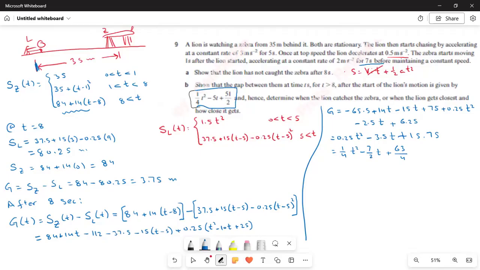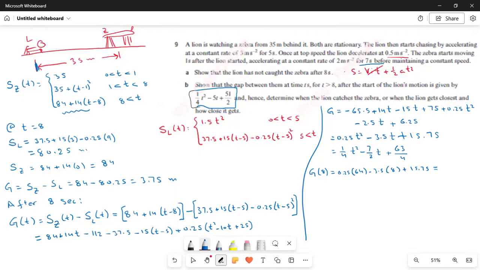If I try to find this gap at the 8th second, it is 0.25 into 64 minus 3.5 into 8 and plus 15.75. How much does it come out to be?